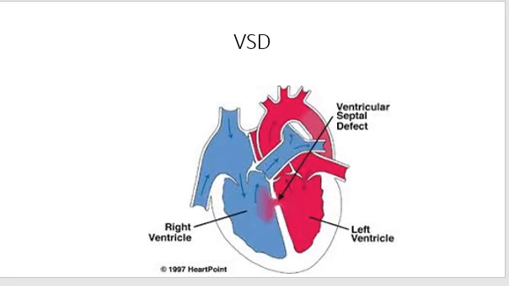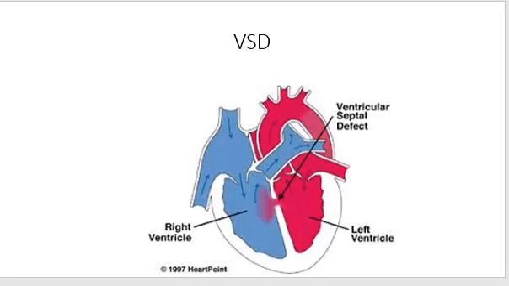You'll see a VSD with pulmonary stenosis or transposition of the great vessels, a PDA, atrial defects, coarctation of the aorta. So if you see a VSD, you're sometimes looking for something else also involved. But many VSDs, like 20 to 60% of them, are going to close spontaneously.